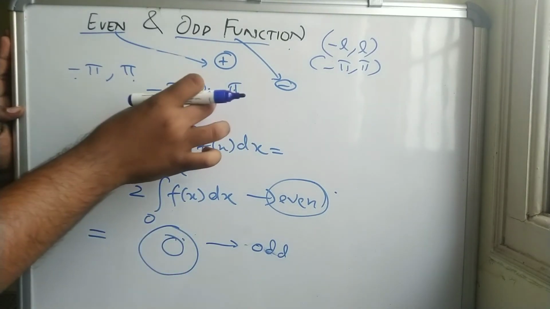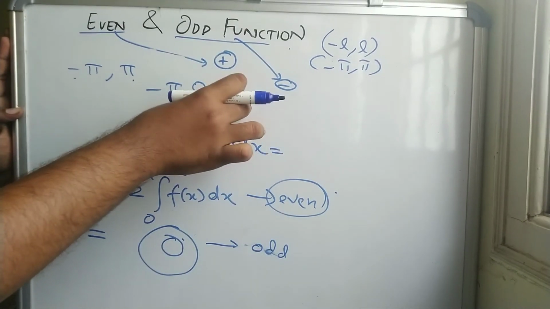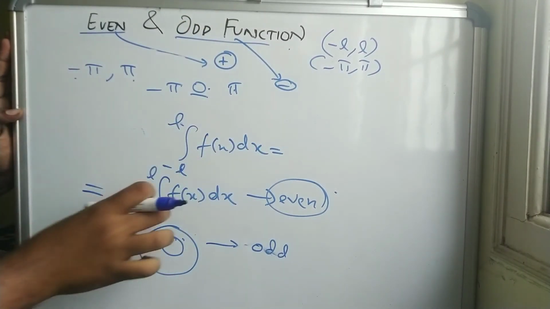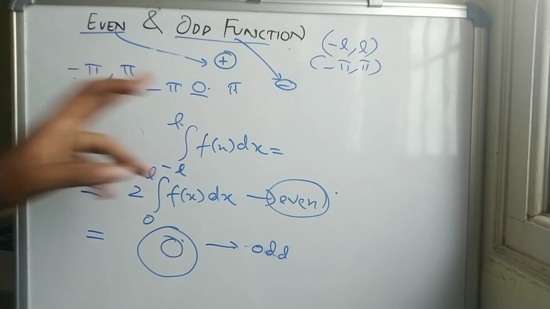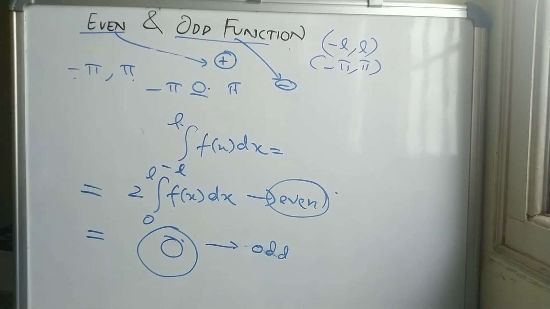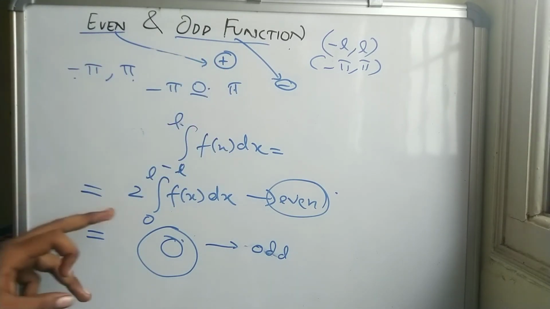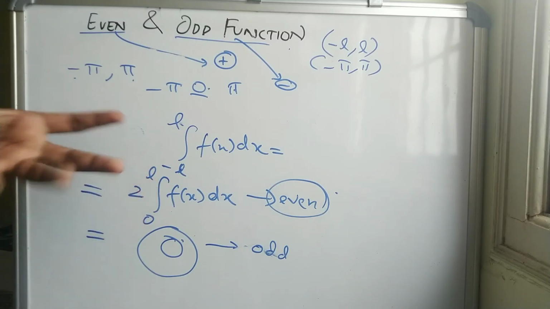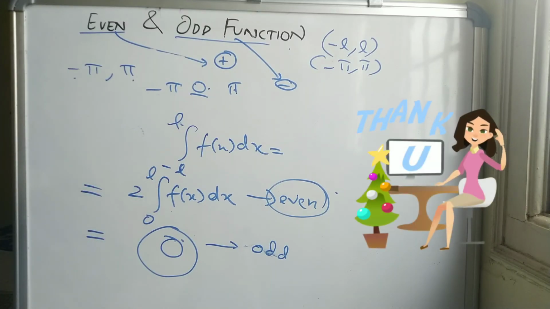Minus pi to 0 is the same as 0 to pi for even functions, so I can write it as 2 times 0 to pi. That is the basic idea. For the odd function, it is directly 0. For the even function, you need to remember that it is 2 times 0 to L f of x dx. Now we'll be discussing in the Fourier series how to apply this, and how bn equals 0 when it is possible.